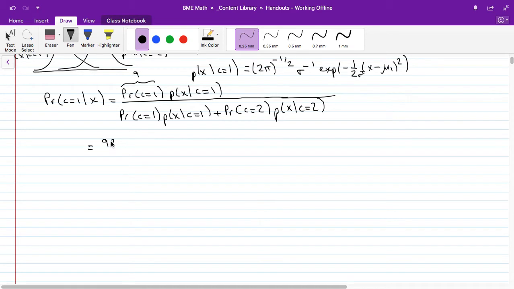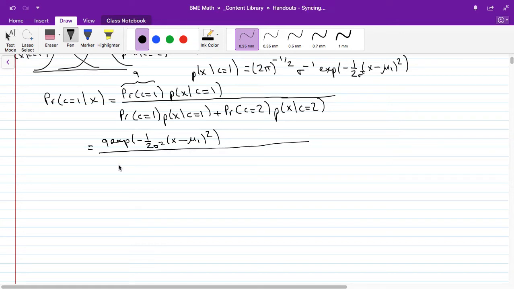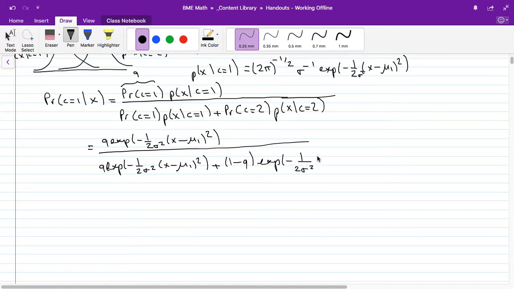What I'm going to be left with is just the exponential. Okay, so that's our posterior.